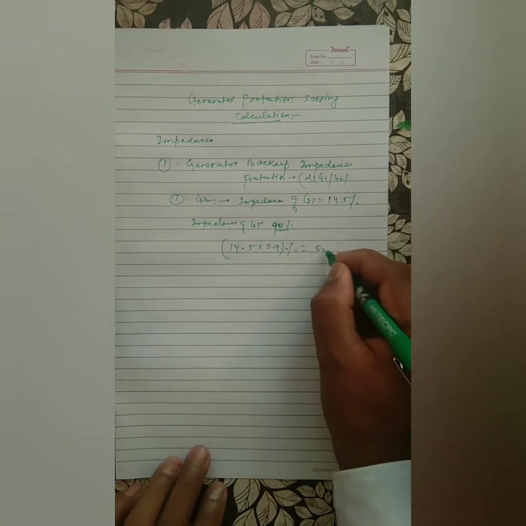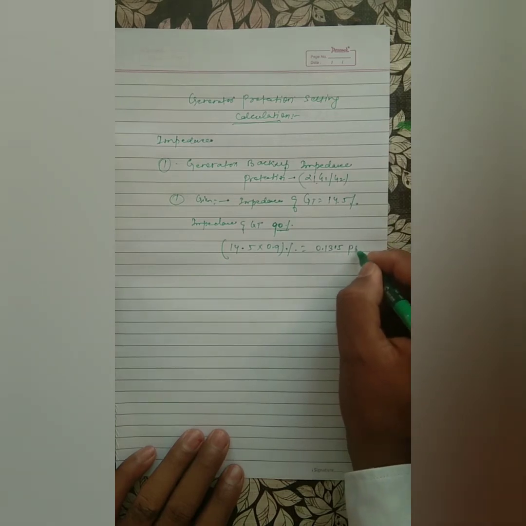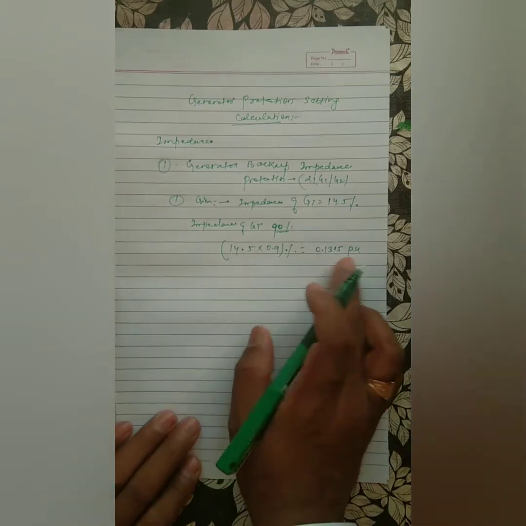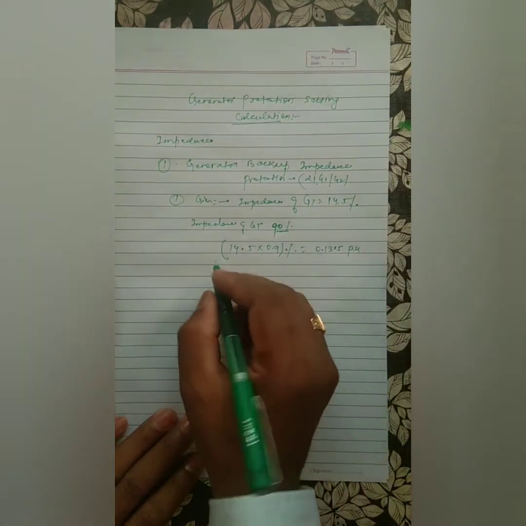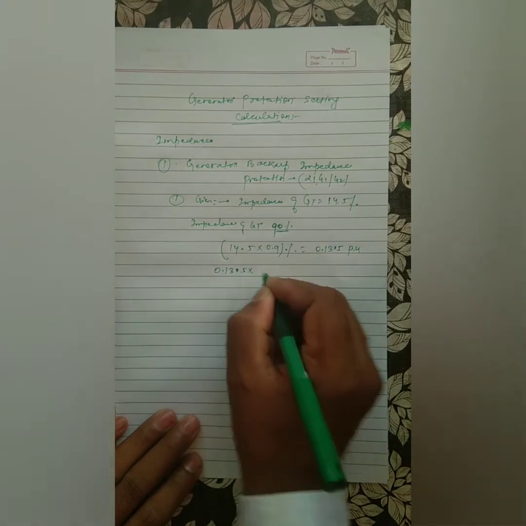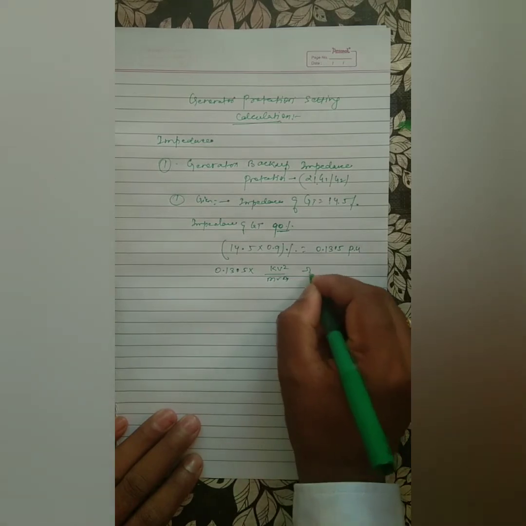So we have got the value of 0.1305 PU. We have calculated this value in PU. Now we have to calculate this value in ohm. So what we are going to do is multiply this value into kV square by MVA. That will be in ohm.